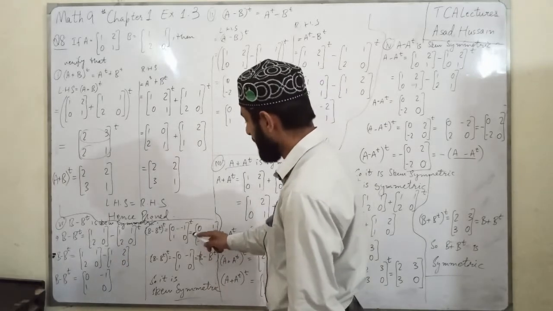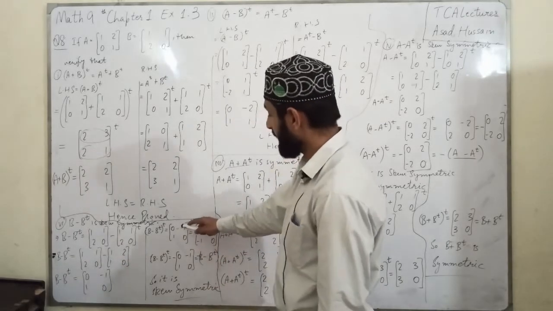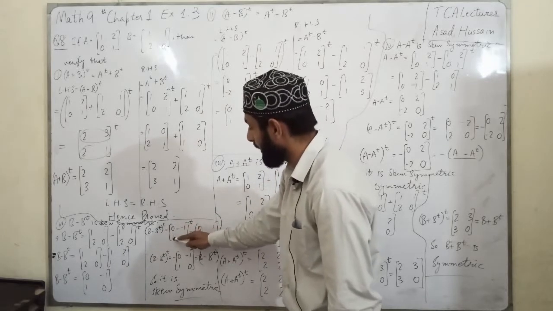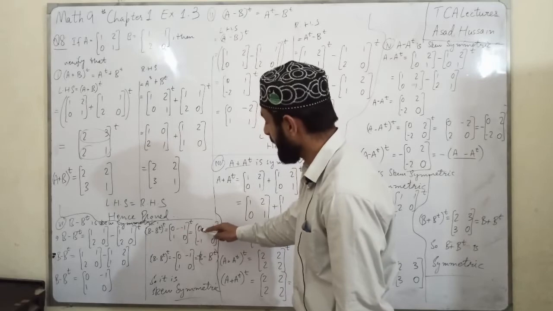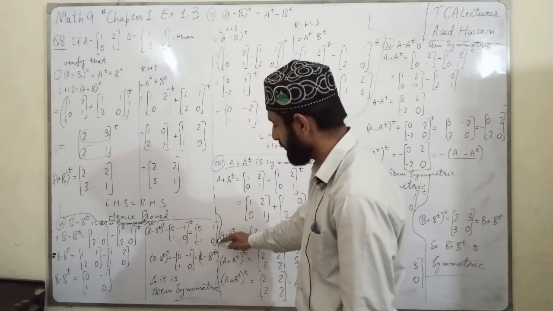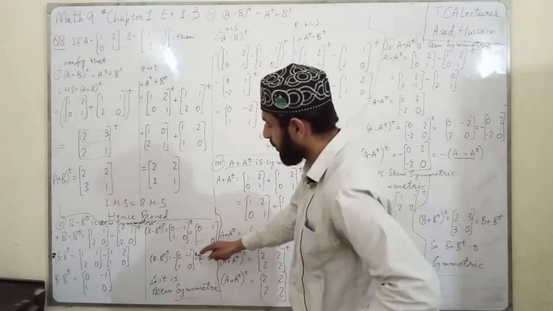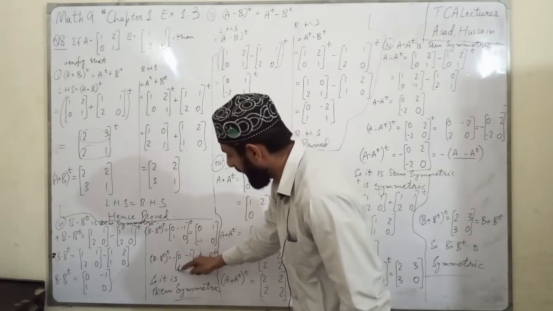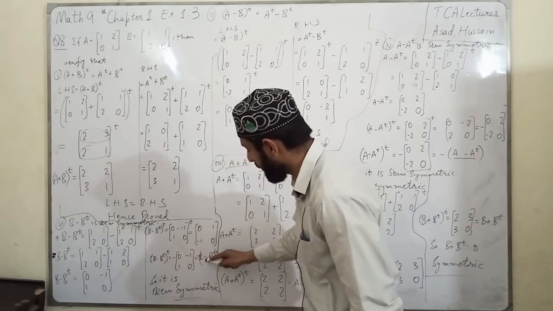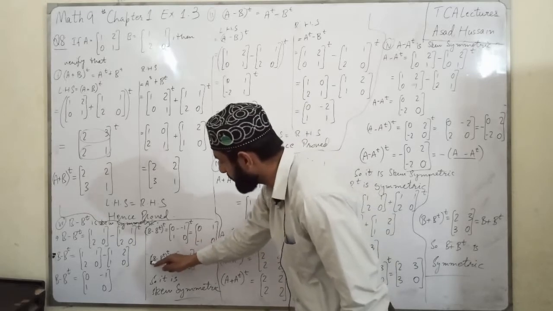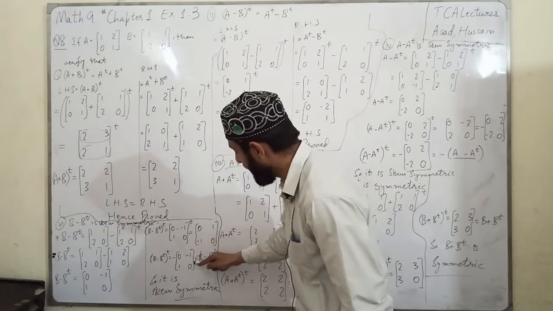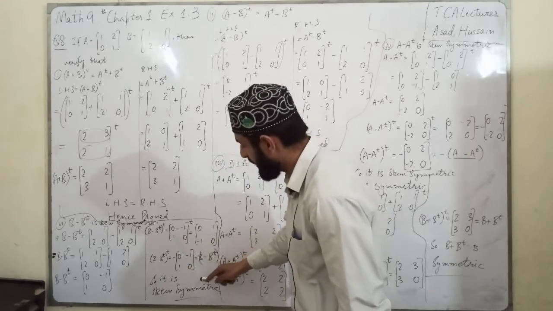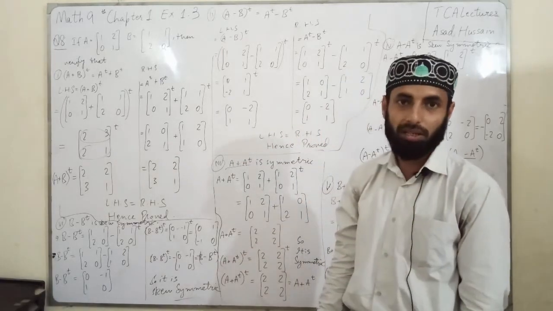Now taking the transpose, (B minus B transpose) transpose is equal to [0 minus 1; 1 0] transpose, which is equal to [0 1; minus 1 0]. Now taking the negative sign common, we get negative [0 minus 1; 1 0], which is also the value of B minus B transpose. So we can see that (B minus B transpose) whole transpose is equal to the negative of B minus B transpose. So we can say that it is also a skew symmetric matrix.